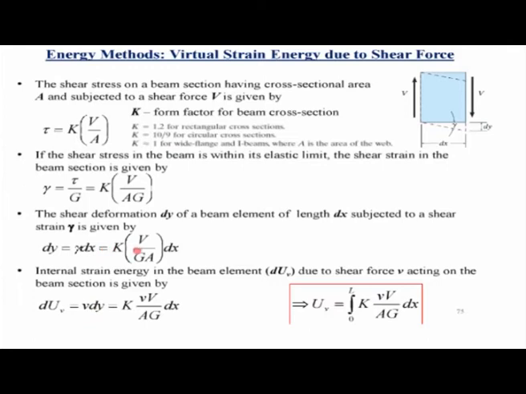So here you replace dy by this term Kv by Ga. The deformation over the entire length of the beam due to the shear action is given by integration of this term over dx from 0 to L. That gives you the internal strain energy due to the shear deformation.